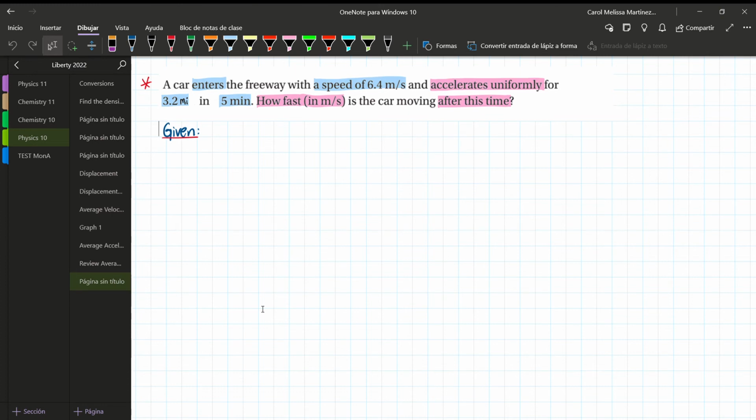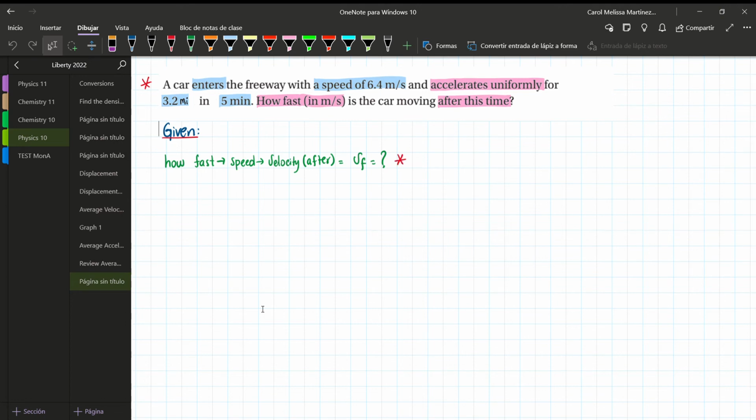So in the question they're asking me a velocity, or how fast. How fast tells about speed, and if it is about speed, it's about velocity. Now it says how fast in meters per second is the car moving after. So in this case, the velocity after, I'm talking about a final condition of something. Final velocity is unknown. This is what I'm going to look for.